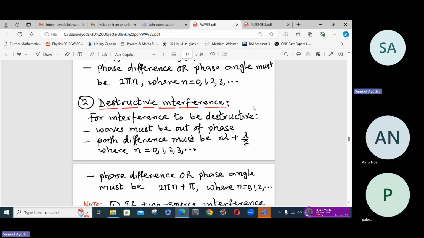Now moving on to destructive interference. For interference to be destructive, the waves must be out of phase. The path difference must be n lambda plus lambda over 2. N also starts from 0, 1, 2, 3, and so on.